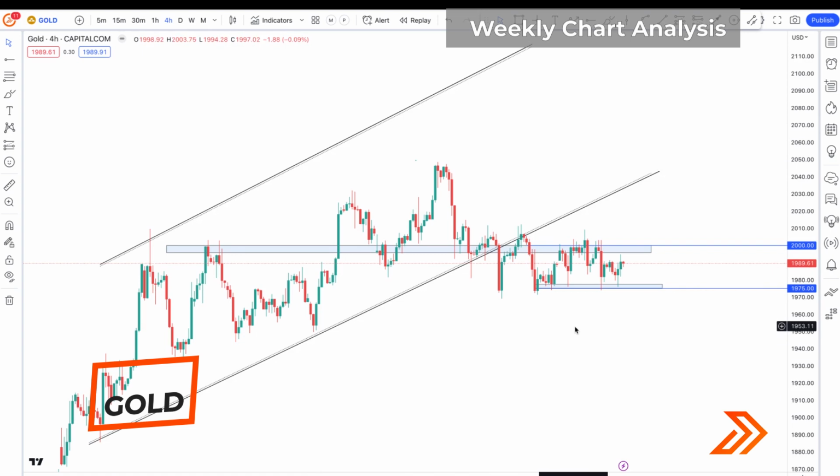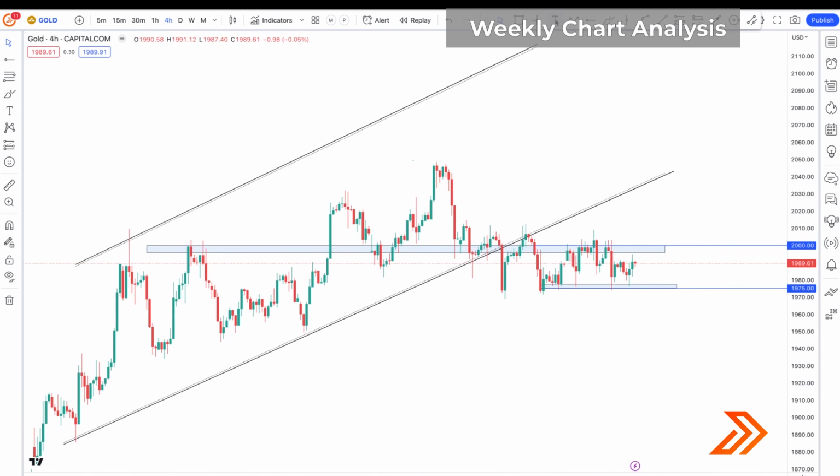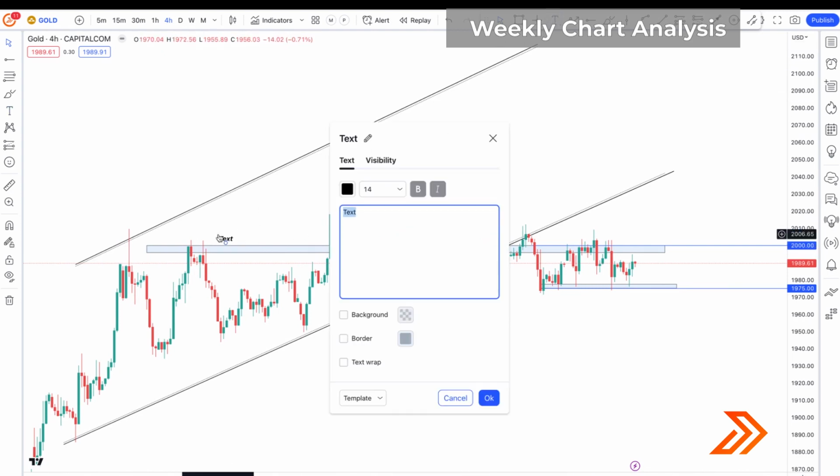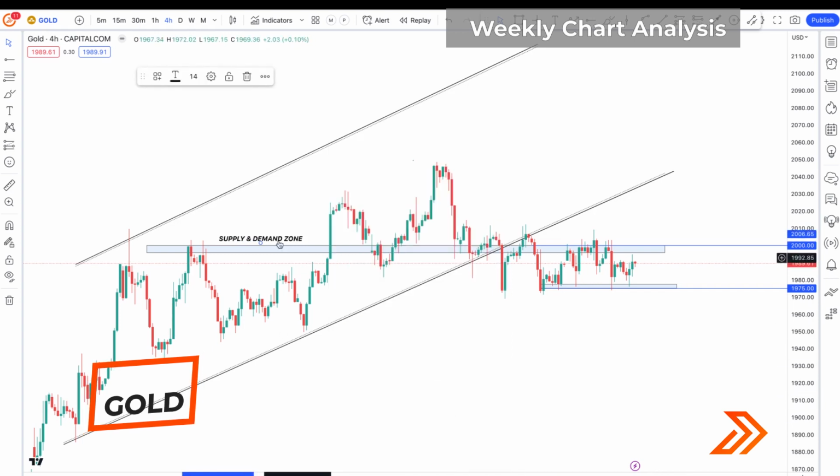And also we have this strong valid supply and demand zone, which you could also call an area of interest. We have this amazing supply and demand zone on gold.